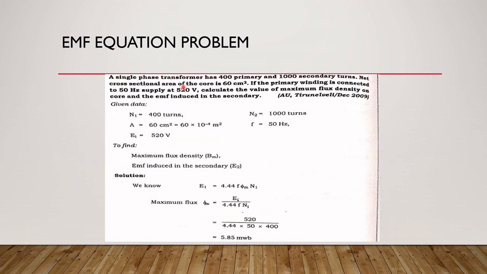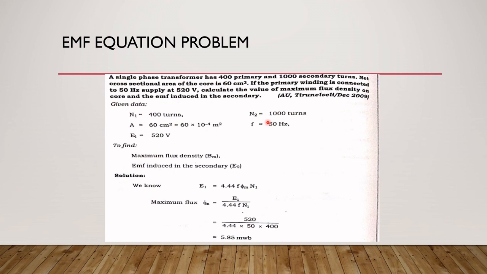The single phase transformer has 400 primary and 1000 secondary turns. The net cross sectional area of the core is 60 centimeters squared. If the primary winding is connected to a 50 Hz supply at 520 volts, calculate the value of maximum flux density in the core and the EMF induced in the secondary.